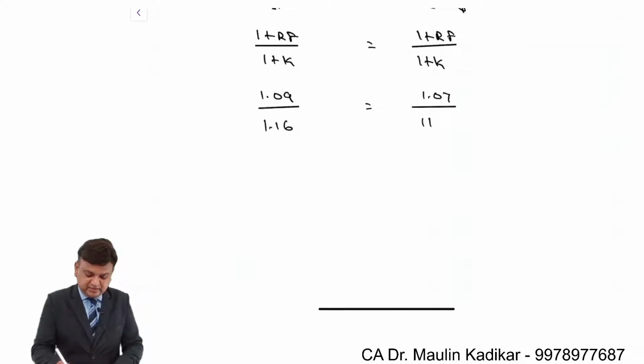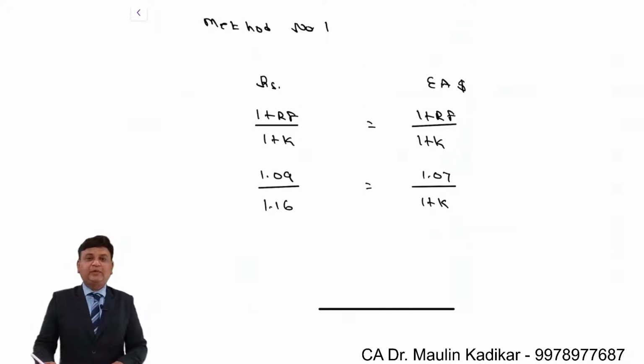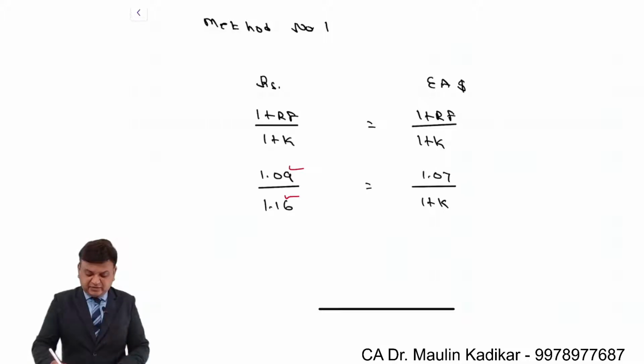What must be the adjusted required rate of return in foreign currency will be calculated as a balancing figure. If my domestic currency rate of interest is 9%, over there the risk-free rate of interest is 7%. So over there, the required rate of return will be found as a balancing figure, and accordingly the foreign currency adjusted cost of capital will be found.